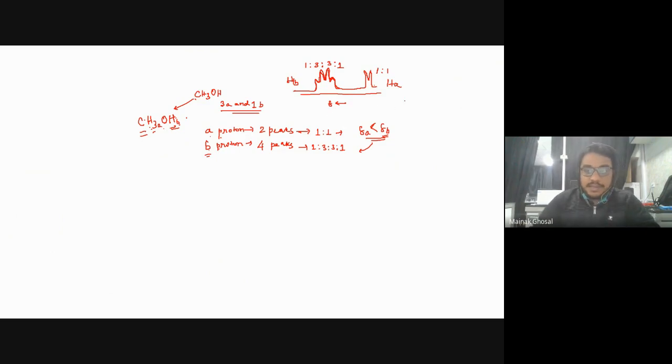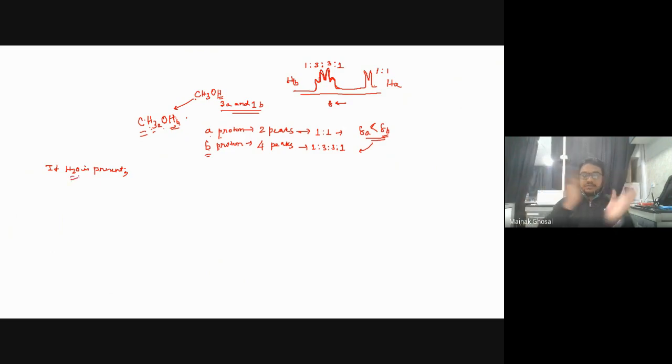so what will happen if H2O is present? What will be the effect? If water is present, then this OH group will exchange proton with this water.